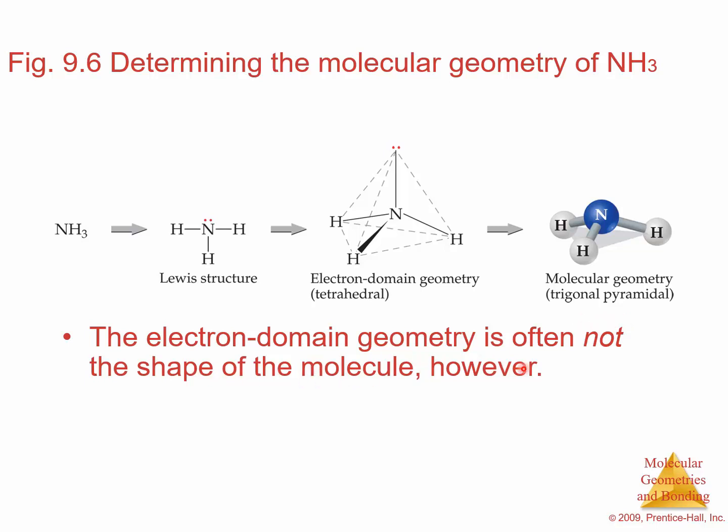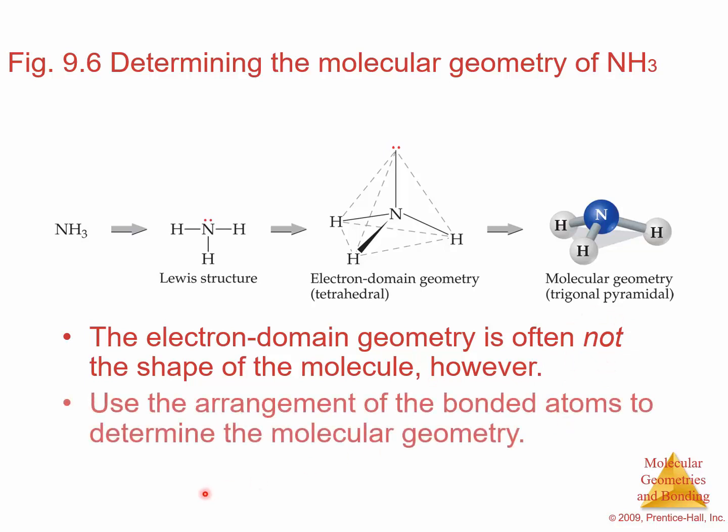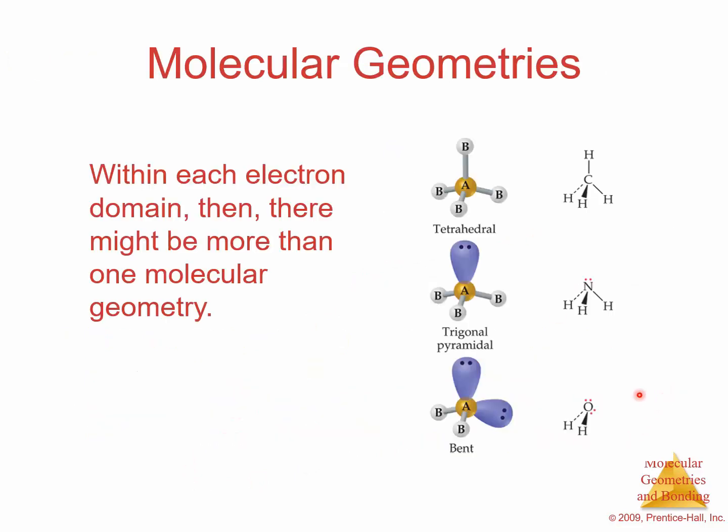So the electron domain geometry is often not the shape of the molecule, however. Now, within each electron domain, there might be more than one molecular geometry.